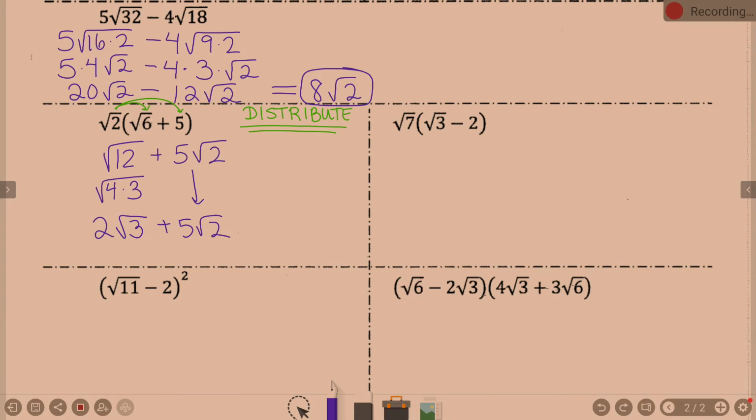Can we add those? No, they're not like radicals. So guess what my answer is? That's just the answer. We can't go any farther because, yes, we simplified as we were supposed to, but this time they didn't work out to be like radicals. So we leave it as 2 square root of 3 plus 5 square root of 2.